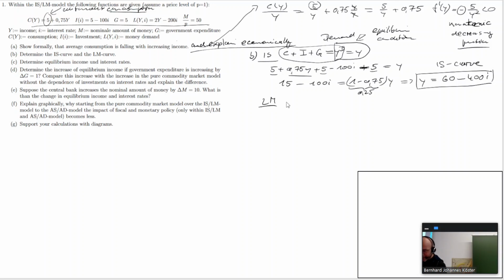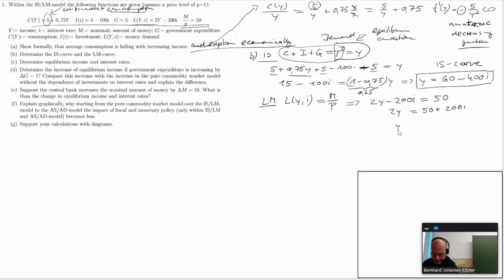So LM: equilibrium at the money market. Money demand L, depending on income and interest rates, equals money supply. Then we just put in our explicit functions: 2y minus 200i equals 50. Separating y and i, we obtain 2y equals 50 plus 200i.